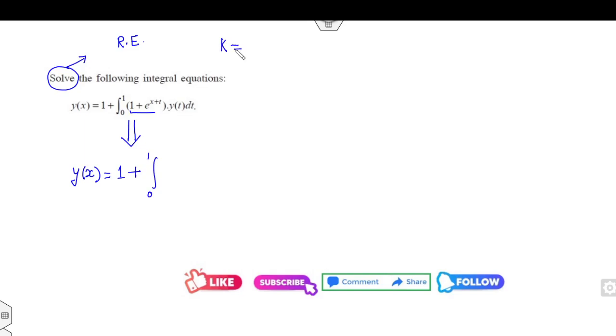Now you can see in this case the kernel will be 1 plus e raised to power x plus t, I can replace the kernel with the help of the resolvent kernel into f of t. Fine. This is its solution. What is the f? This is my f of t. Is it okay? Now you can see if you compare them, lambda is my 1. Anyhow, so can you write the matrix?